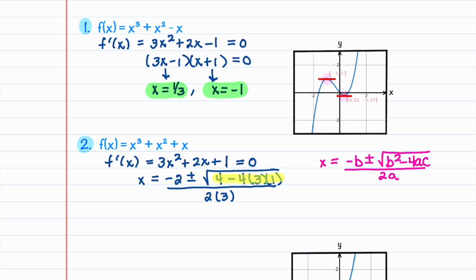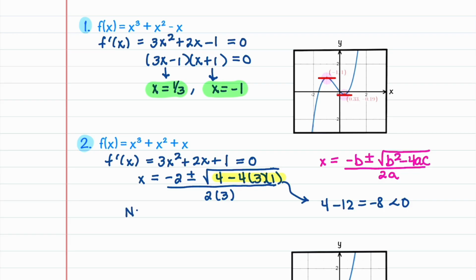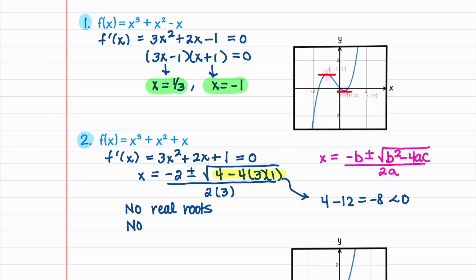Let's look at this part right here. That is equal to 4 minus 12, which is -8, and that is less than 0. So this tells us that we have no real roots. And whenever we have no real roots, we have no critical numbers.